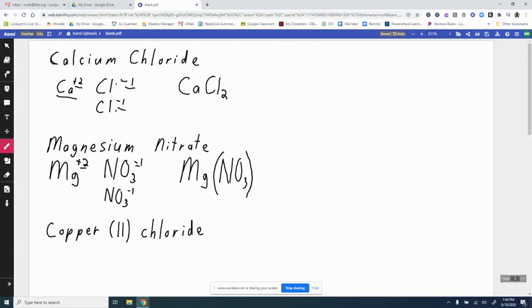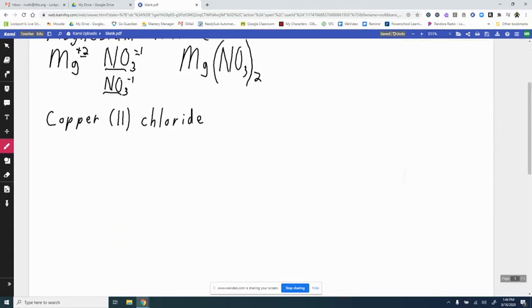Okay, the polyatomic ion nitrate is not just the N and the O, it includes the 3. So you have to have that 3 in there with it. Okay, now since we have 2 nitrates, we're going to put the 2 on the outside of the parentheses. And voila, there we have the formula of magnesium nitrate.